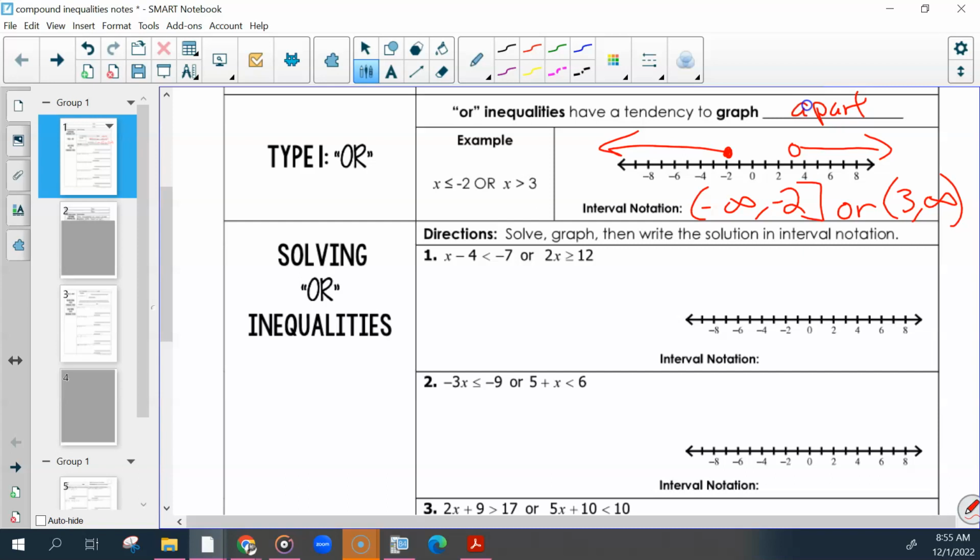So let's do a couple so you see how this works. For number 1, we would solve both of these things separately. What we do to one, we do not do to the other. Solve them as two separate inequalities. So for this one, we would add 4 to both sides. For this one, we would divide by 2 on both sides.